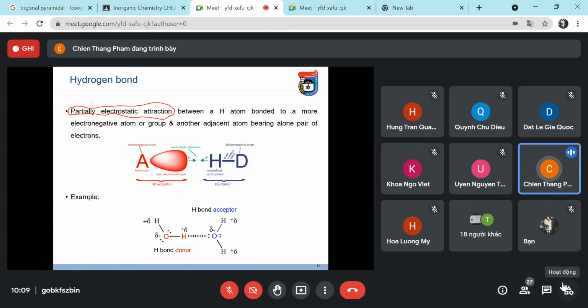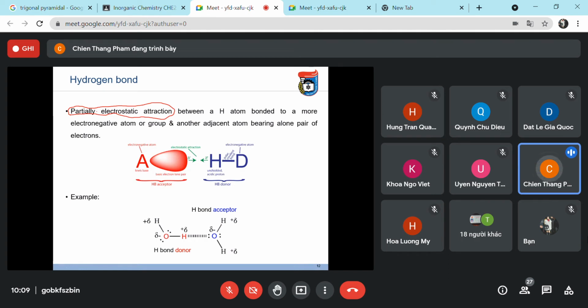It means that it has that characteristic, but it's not 100% electrostatic interaction. And this one is between a hydrogen bonded to more electronegative atoms. This is a very long definition, so you must divide the definition into different parts and interpret each part.